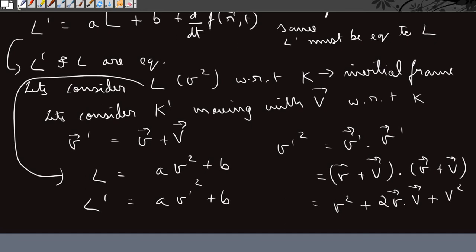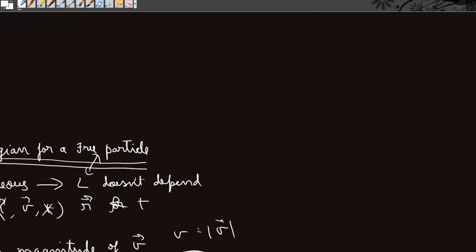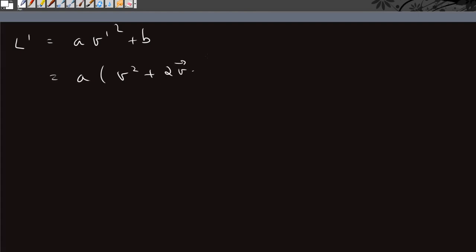So that means L dash will be A times V dash square plus B. So this will be A times V square plus 2 V dot v plus v square, plus B. And this will be A V square plus B, plus A times 2 V dot v.